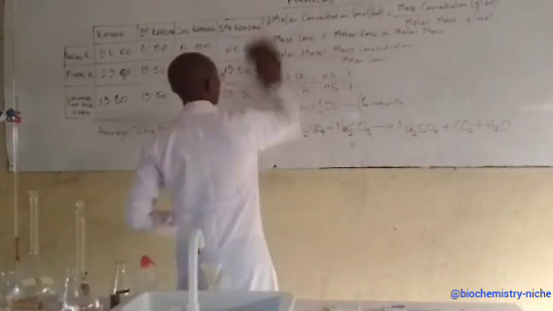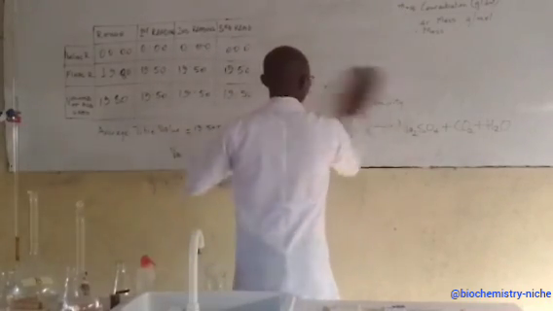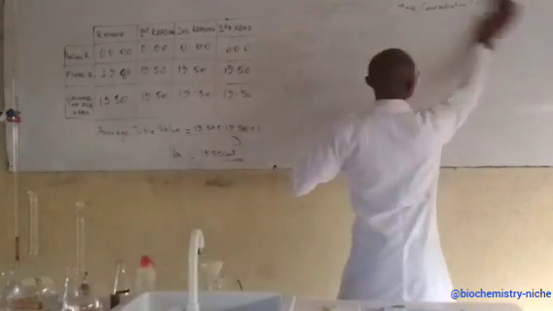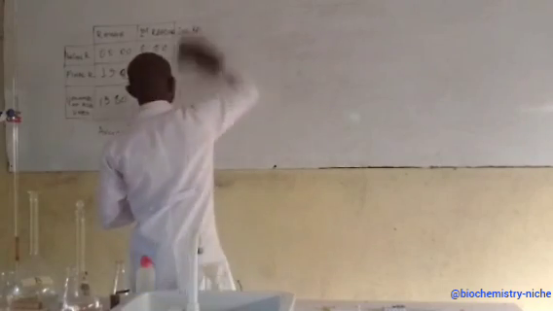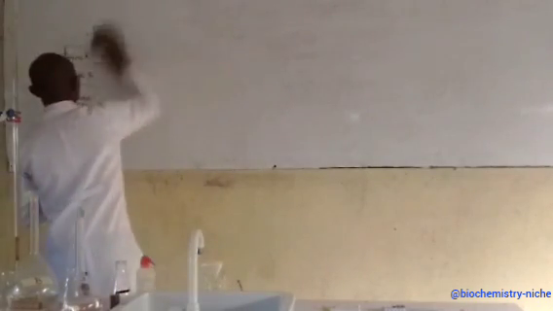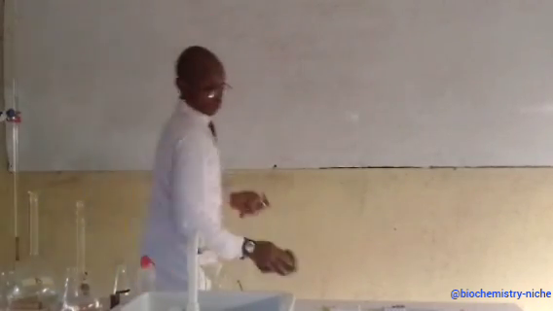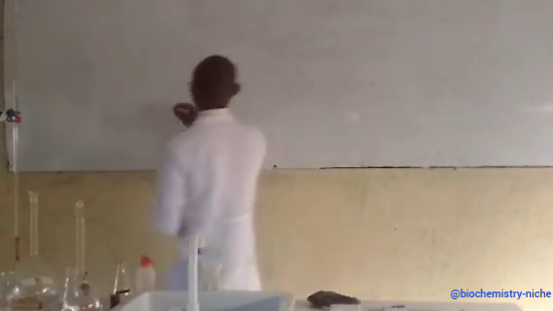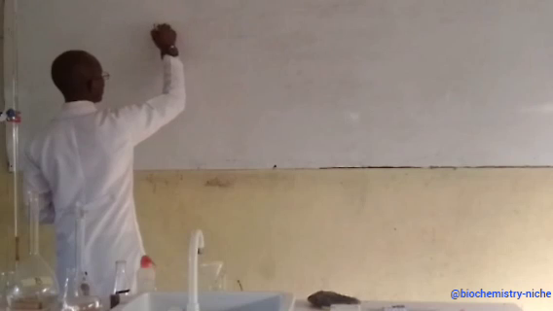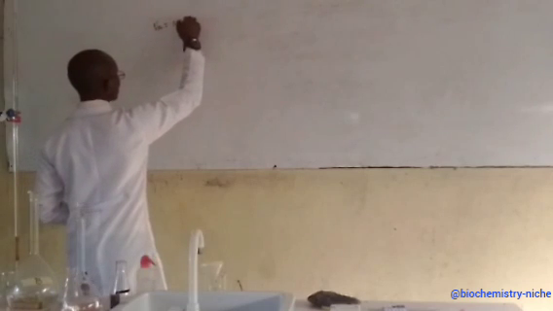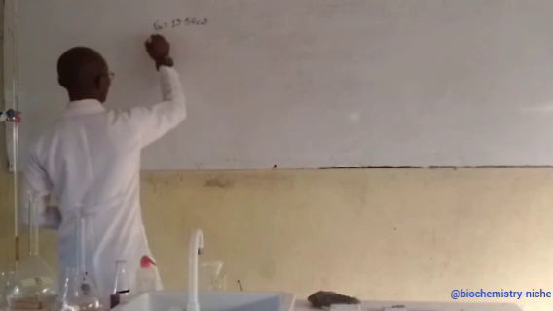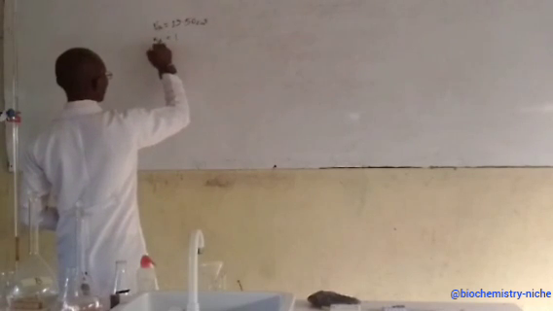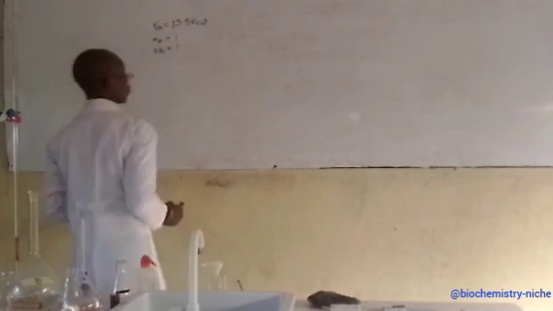Please permit me to put this off the board. Okay, so we have said that the volume of our acid VA is 19.50 centimeter cube, and then we have our NA to be 1, our NB is also 1.